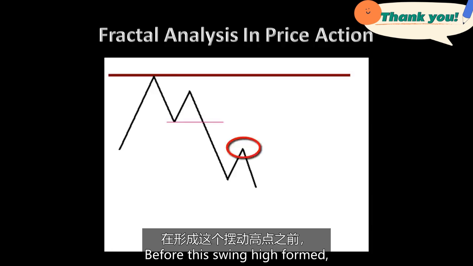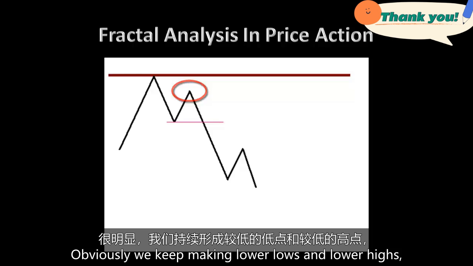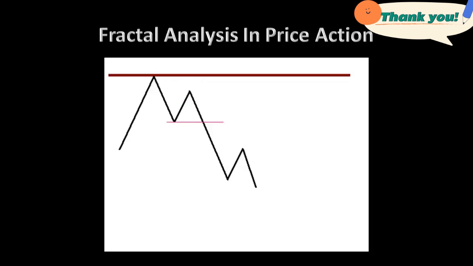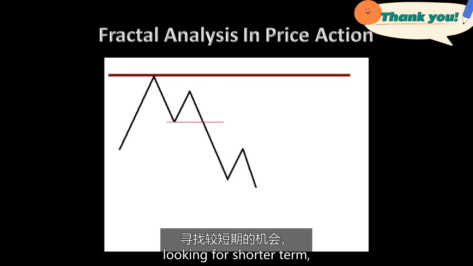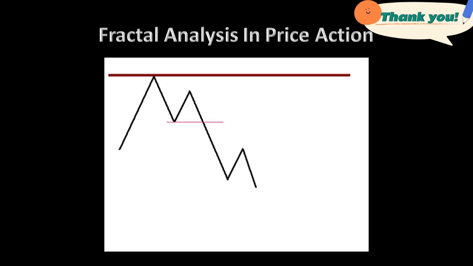Before this swing high formed, market structure was still bearish until this swing high was taken out. Obviously, we keep making lower lows and lower highs, and we maintain a sell scenario in our trading, looking for shorter term, lesser time frame, fractal pattern of optimal trade entry tops.